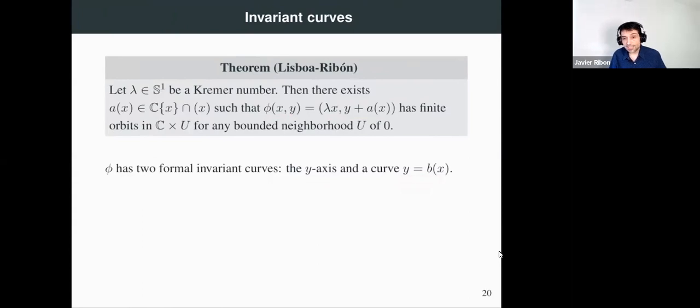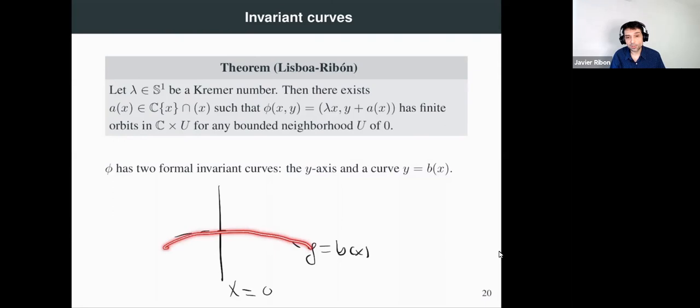What happens is that this curve over here has to be divergent, meaning that B has to be a divergent power series. Because, sorry, we have here x equals 0. I'm writing it in this way because it's not a real curve. But if this curve were analytic, the multiplicator of the restriction of phi to the curve at the origin would be equal to lambda.